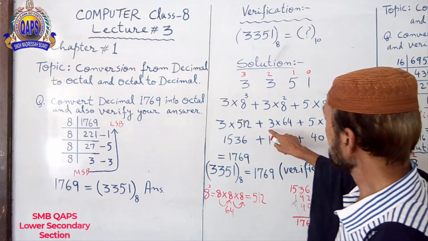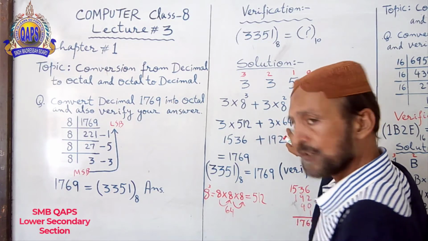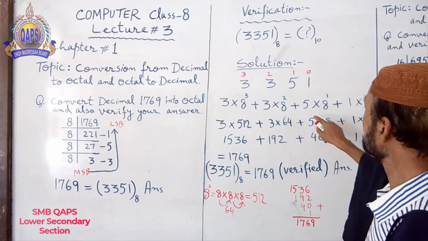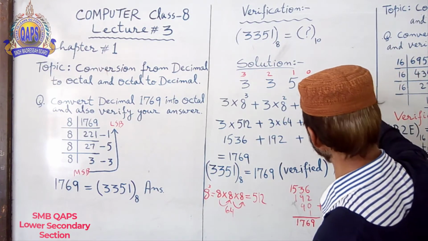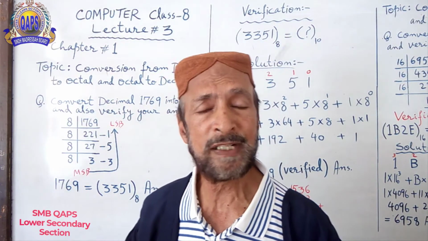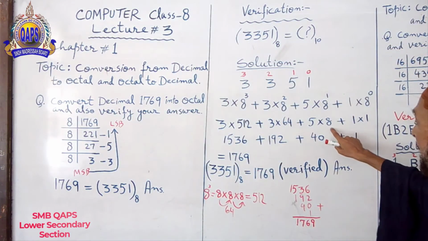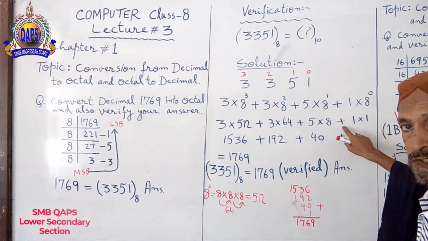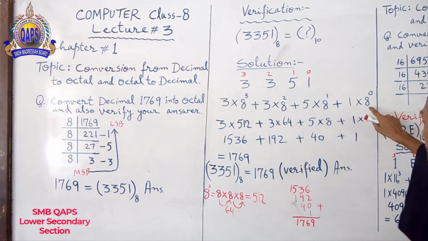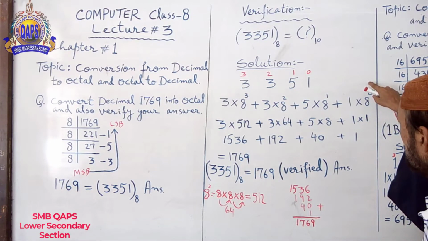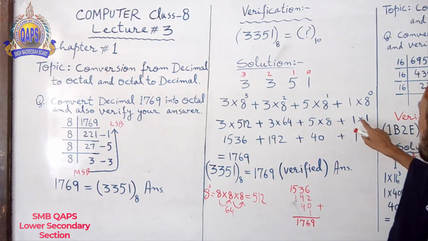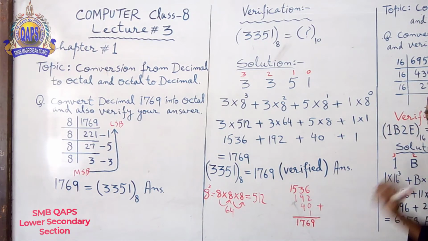So it will be 3 multiplied by 64 plus 5 into 8 raised to the power 1. 8 raised to the power 1 is always equal to 8 plus 1 multiplied by 8 raised to the power 0, it will be 1. So it will be 1 into 1.